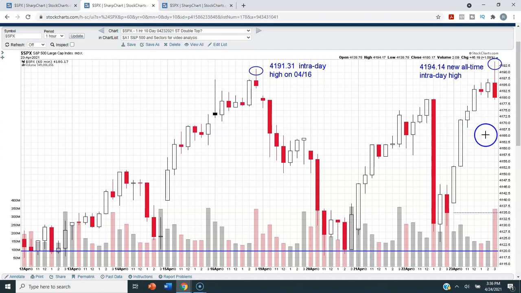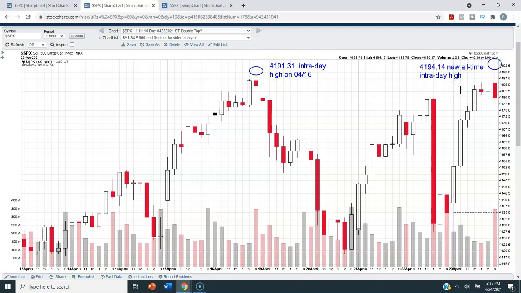So the question becomes, since we had a very similar pattern right here where we made a new all-time intraday high on Friday the 23rd at 4194.14 and then pulled back and closed around the 4180 level, at 4180.17, is where we finished up the day. These two patterns are extremely similar.